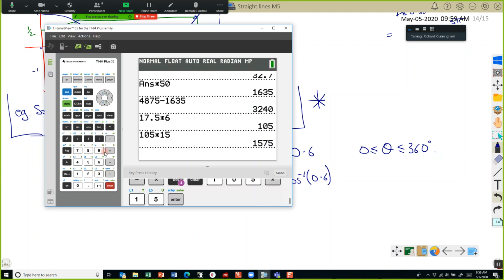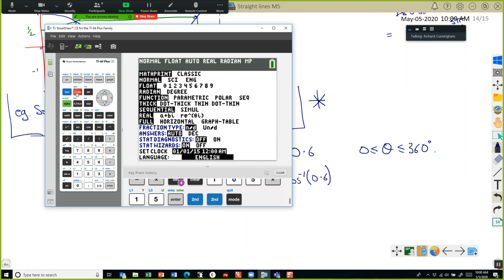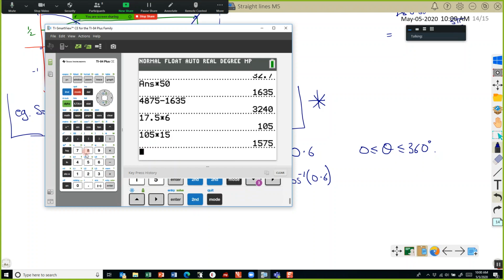So can you see my calculator? I'm currently working in degrees with this question. Can you see my calculator screen? Just to check. Cool.